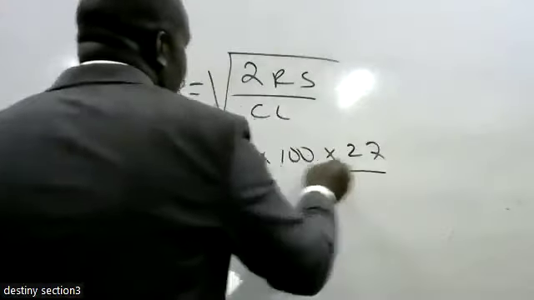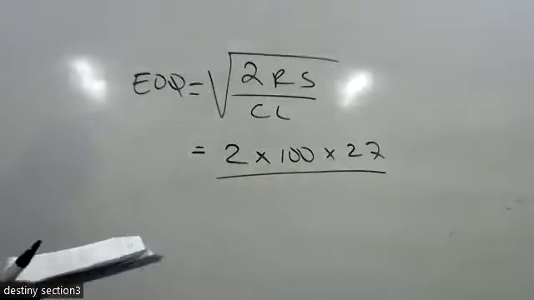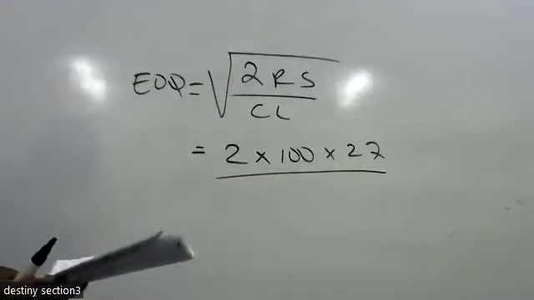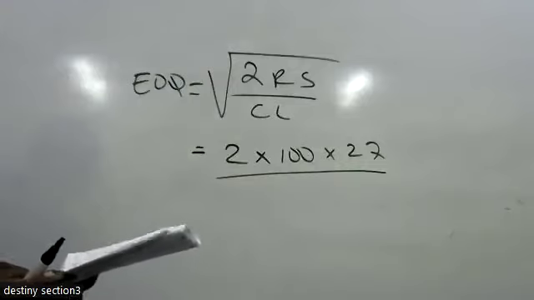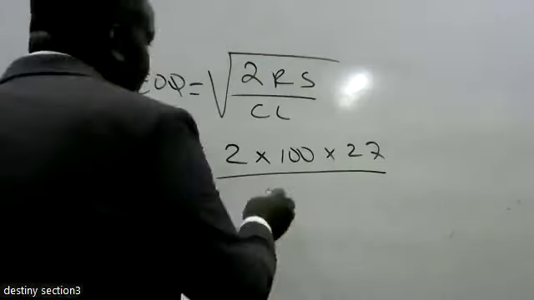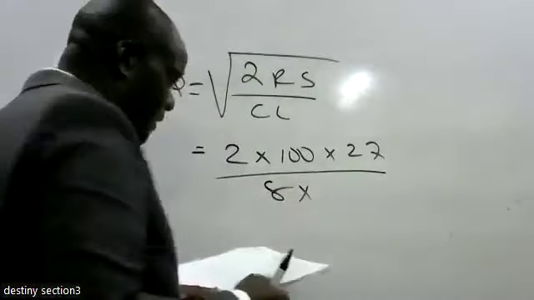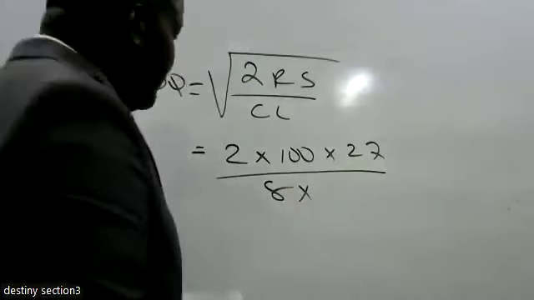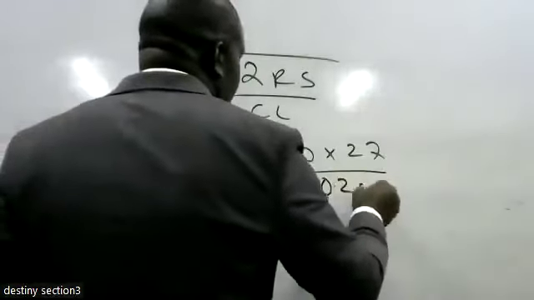27. So we divide by CI. C is the price. The price is 8. You see the cost. So 8, then I is what they have given you as 25%, which is the same as 0.25.